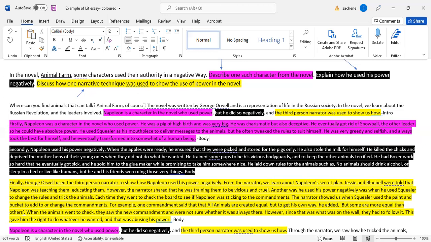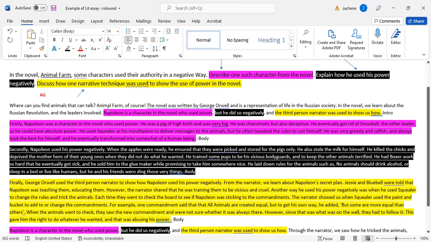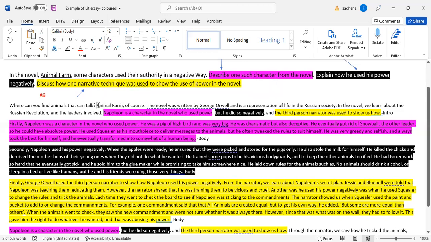All right. Now, please remember that our introduction must have three things. Your introduction must have your AG, which is your attention grabber. Please do not forget it. And then, of course, if we are speaking about a novel, then we underline the name of the novel. If this were a poem found within a collection of poems, then we would have placed quotation marks.